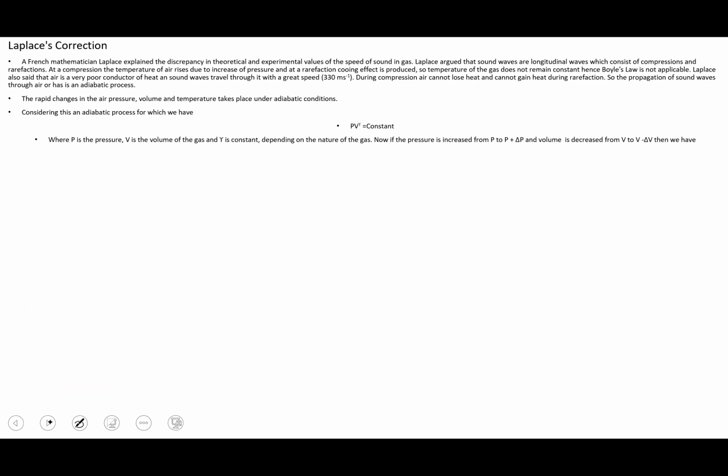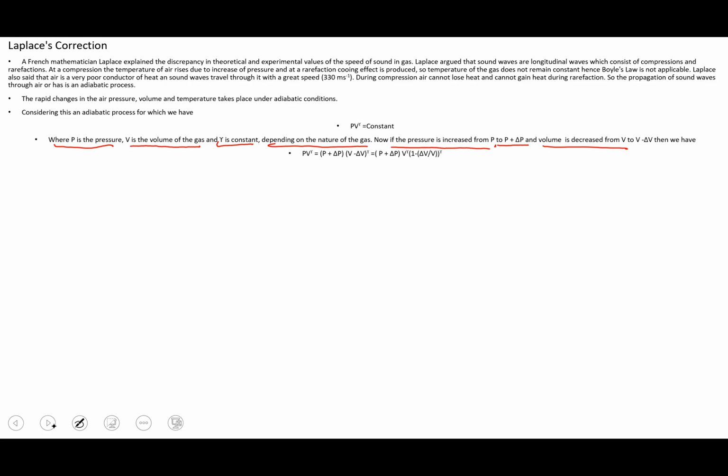Where P is the pressure, V is the volume of the gas, and gamma is a constant value, the ratio between the molar specific heat at constant pressure and molar specific heat at constant volume, depending upon the nature of the gas. Now, if the pressure is increased from P to P plus delta P, and volume decreases from V to V minus delta V, then we can say that PV^gamma is equal to (P plus delta P) into (V minus delta V) whole gamma.